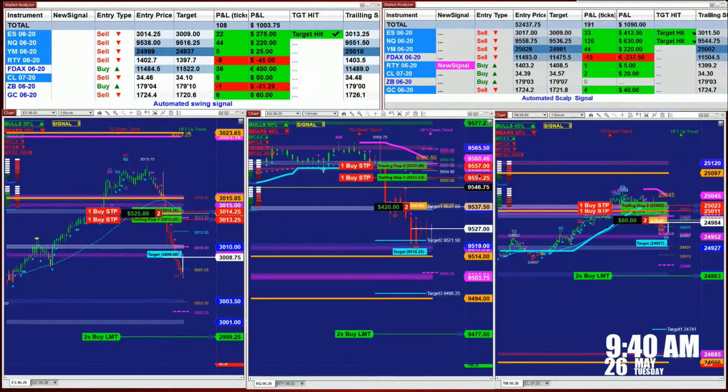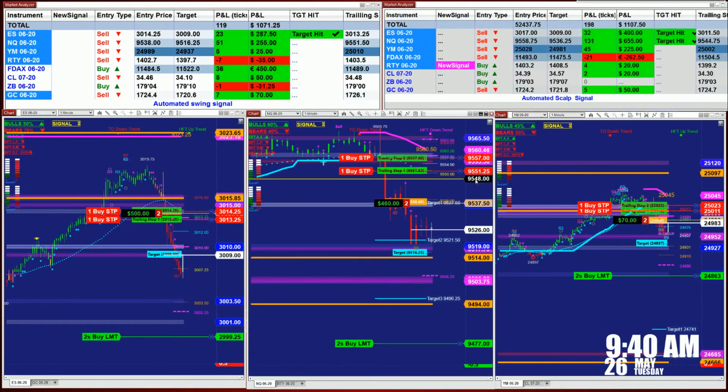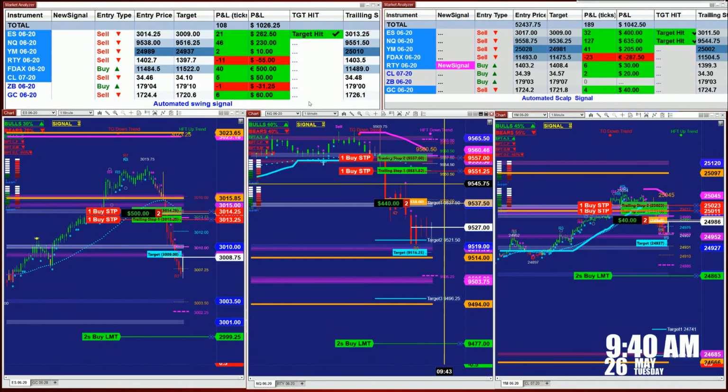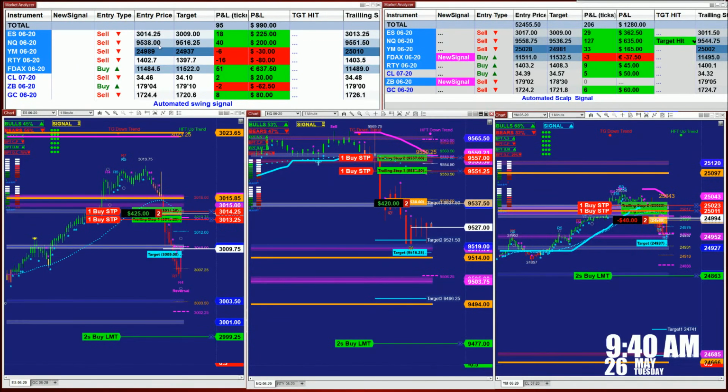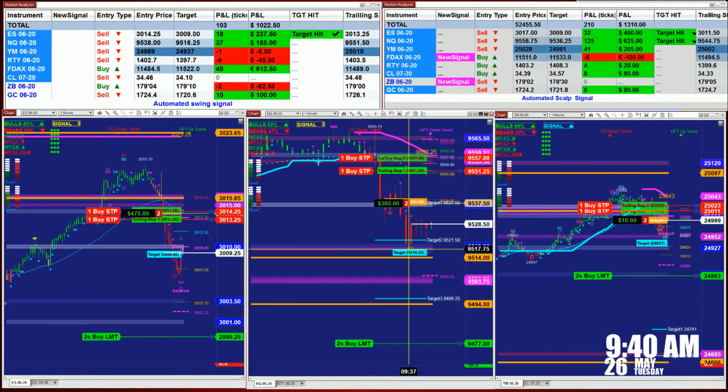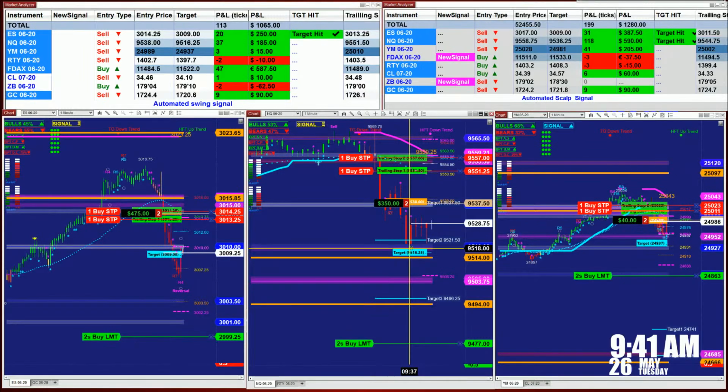For the NASDAQ traders, you've got to be very careful with the NASDAQ. If we look at the left upper corner on the market analyzer, the signal fired at 9538, target 9516, and it hit right above the target by a couple ticks. The problem with the NASDAQ is a major support area at 95.18 that is making it struggle.